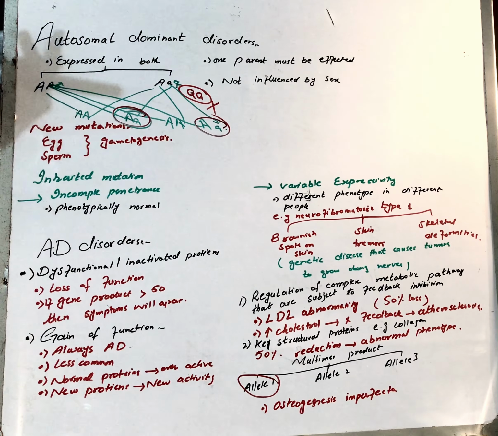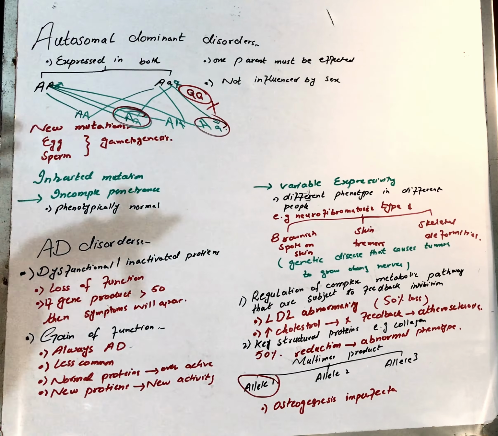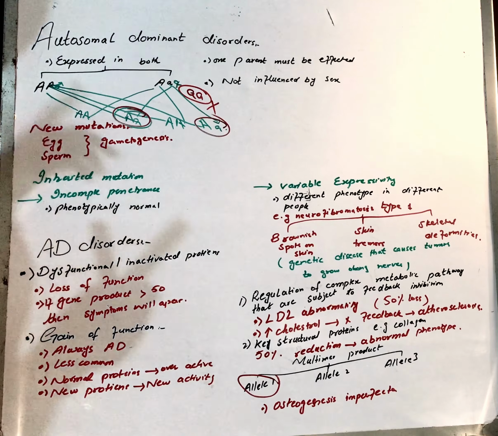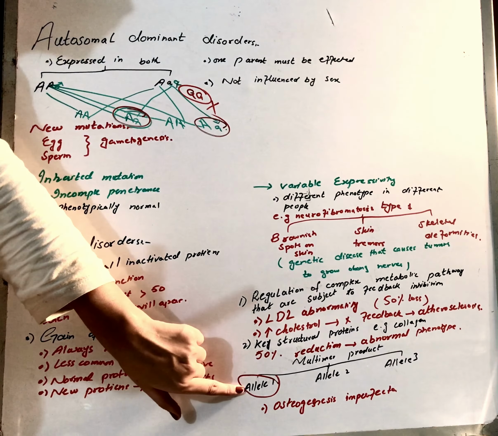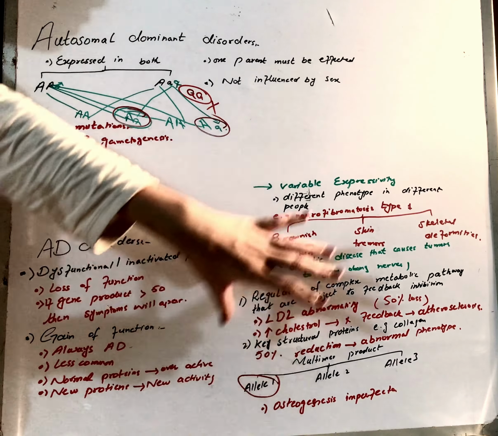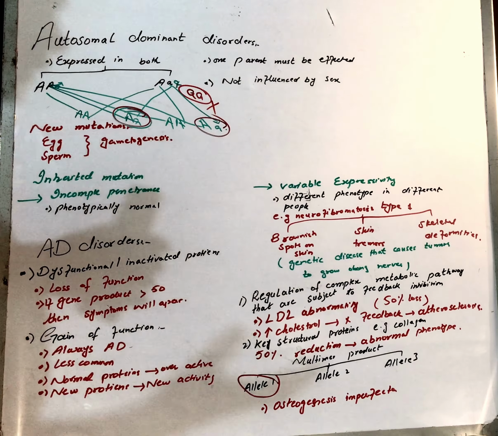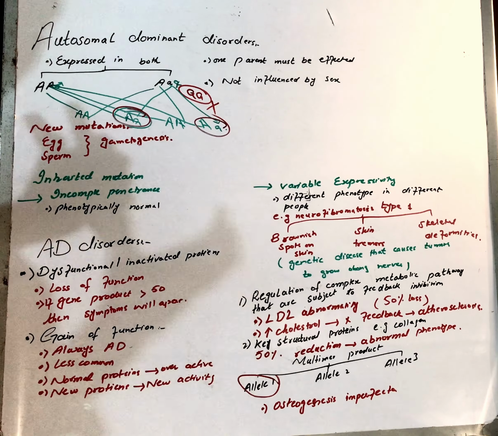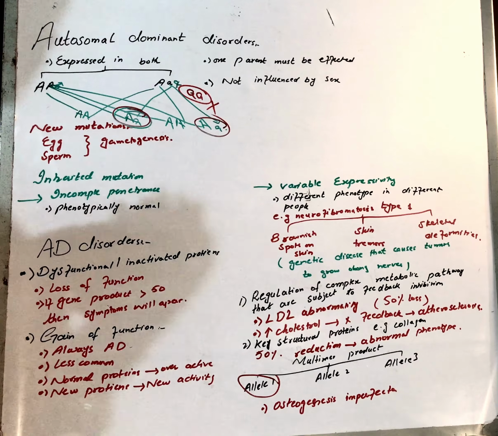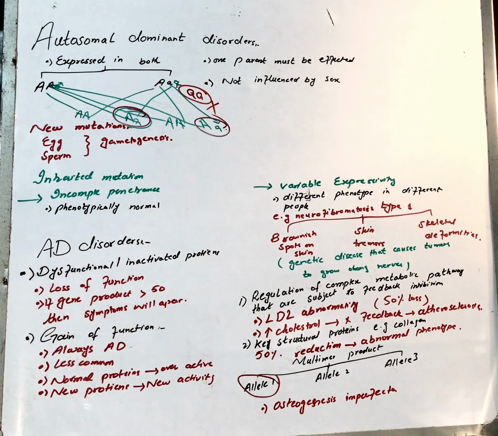So there will be a condition known as osteogenesis imperfecta, in which there is collagen deficiency due to mutation in only one allele, because all 3 alleles are equally important in the formation of a trimeric collagen molecule. With only one gene mutation, there can be osteogenesis imperfecta and collagen deficiency.